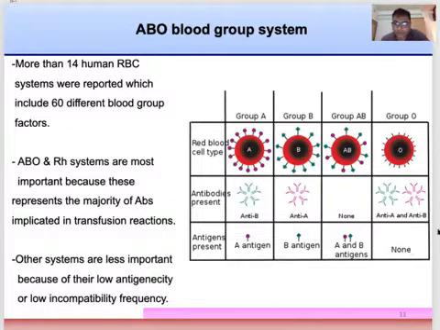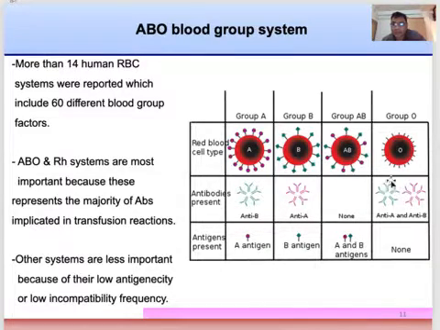So this figure shows which blood group contains which antibody and which antigen. People having group A blood possess anti-B antibody, and the antigen is A. Group B, the antigen is B and the antibody is anti-A.